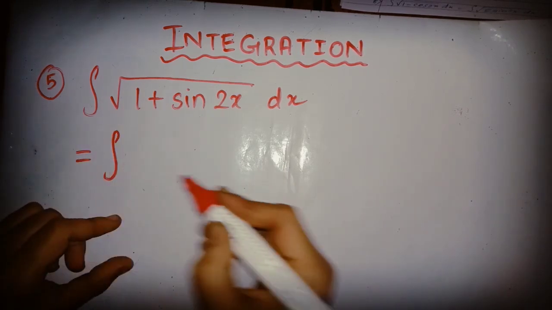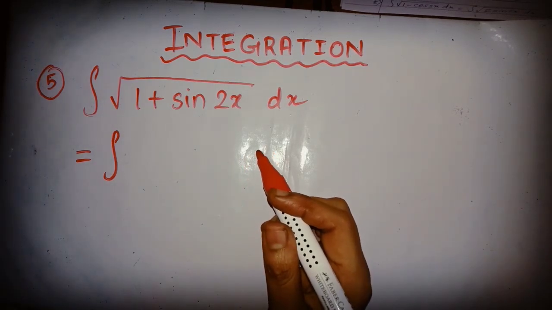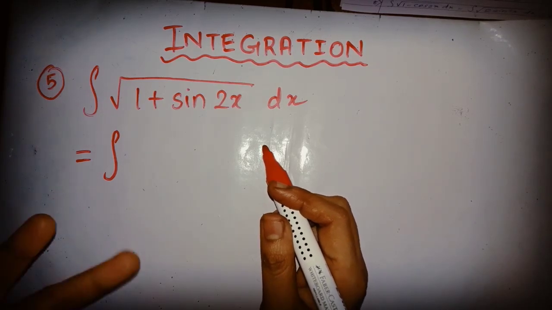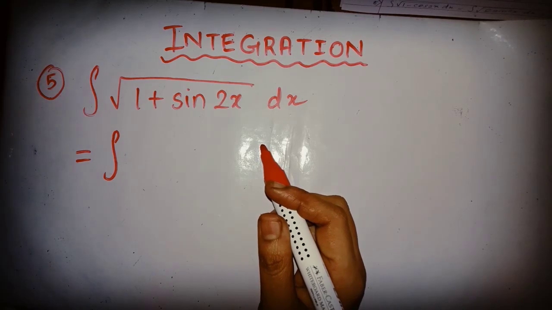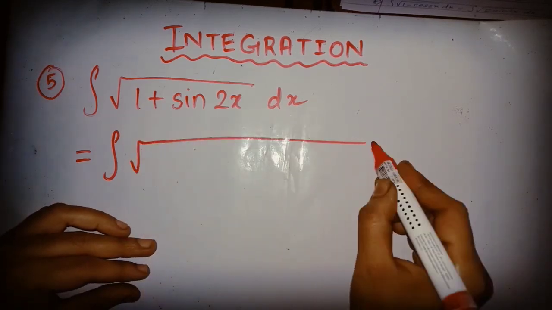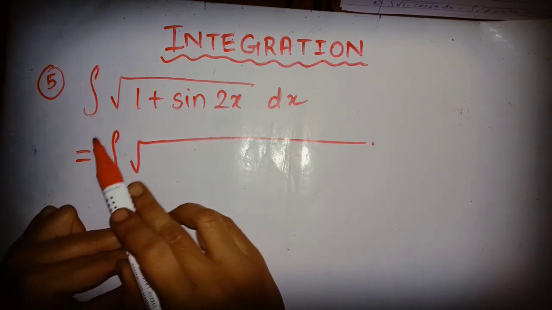Let's see this. So this is integral of root of 1 plus sin 2x. We don't have any standard trigonometric identity for this, so we have to use our previous years' knowledge. So sin 2x you can write as 2 sin x into cos x, correct?